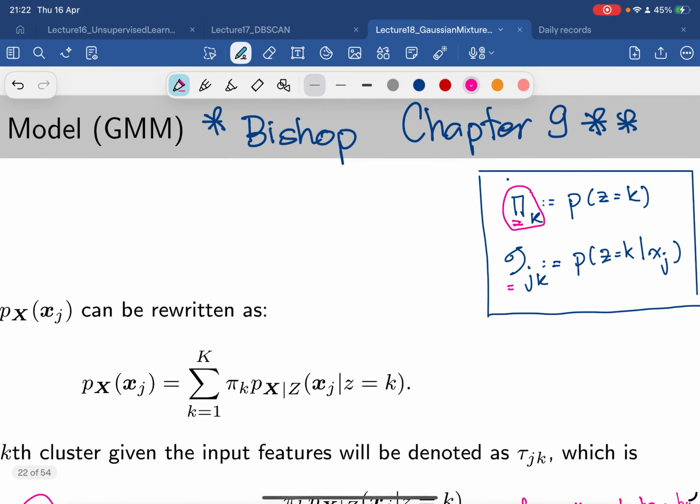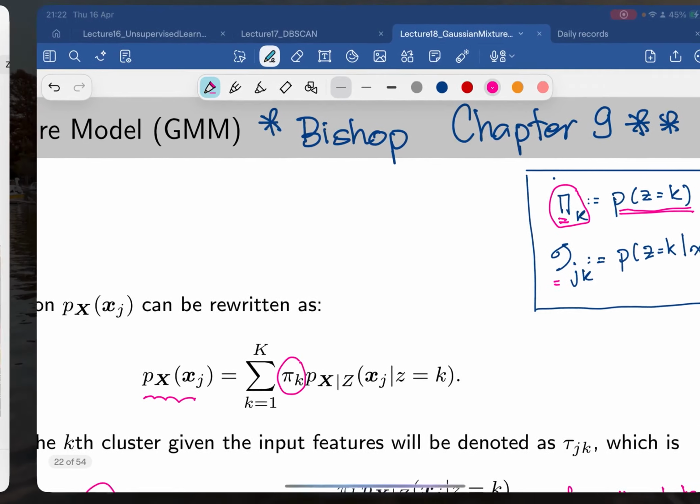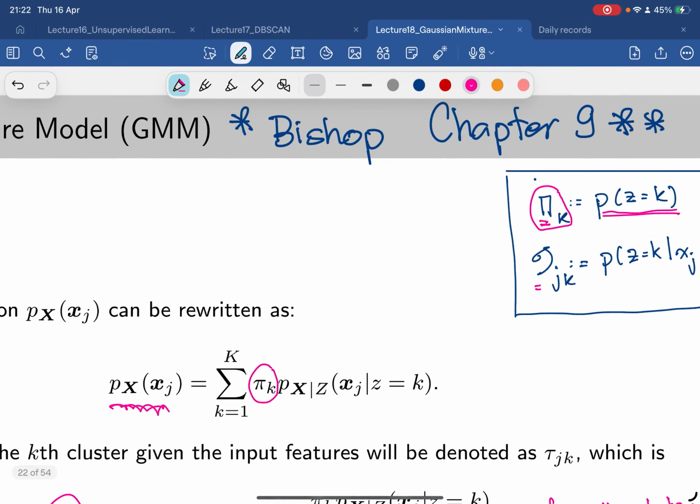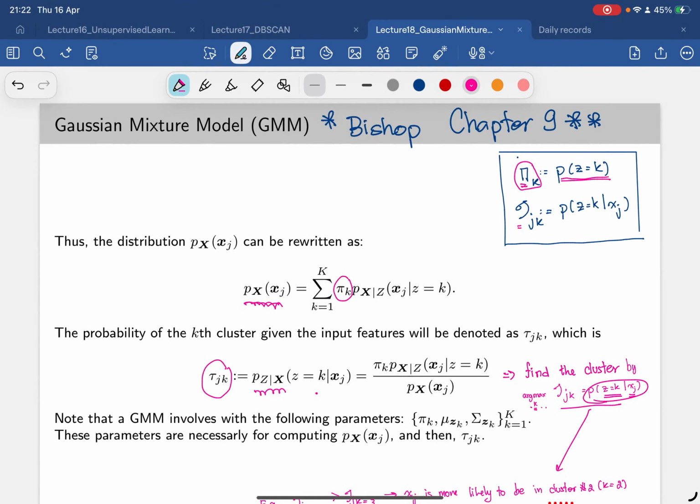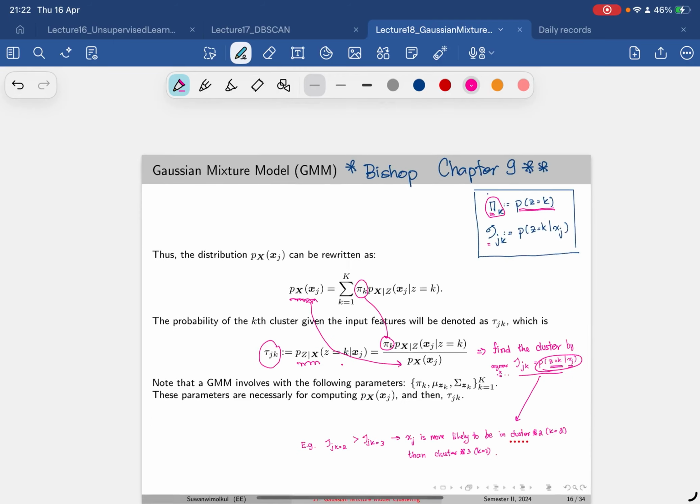Anyway, this pi_k somewhat has a redundant meaning with the probability of z equal to k. So I used it directly in the joint distribution when I want to marginalize z out and get p(x). So just letting you know. And here, if you look carefully, they are used in here, and that pi is also used in here. Okay, that is all.